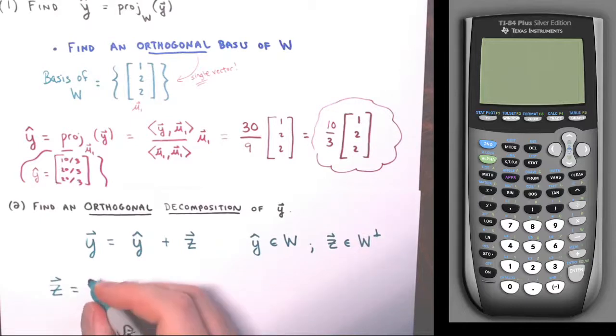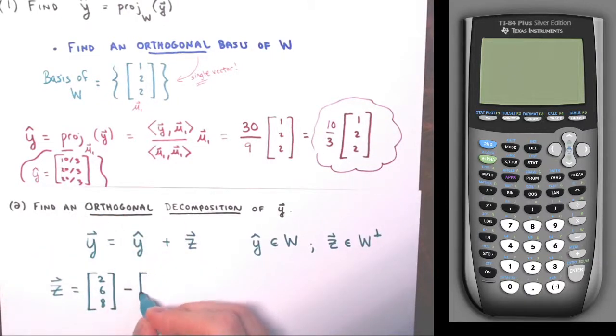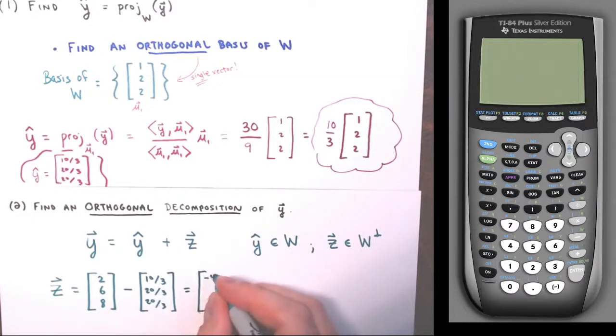So y was 2, 6, 8, minus y hat, which is 10/3, 20/3, 20/3. Putting those together with a common denominator, 6/3 minus 10/3 is -4/3. Then 18/3 minus 20/3 is -2/3.